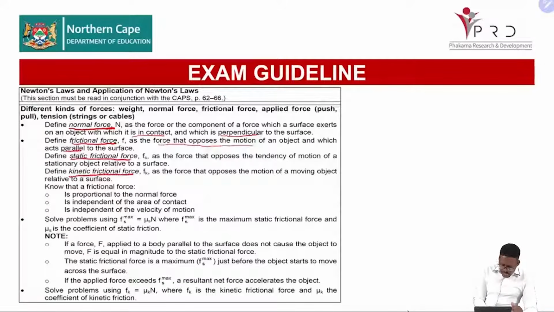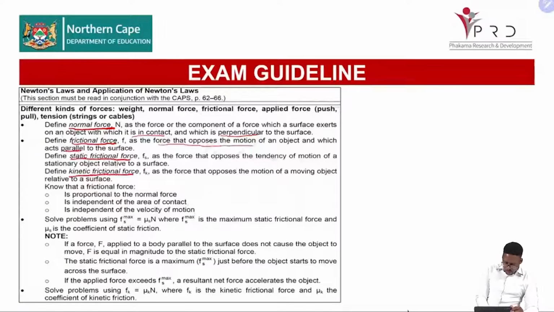It is the force that opposes the tendency of motion of a stationary object relative to the surface. What is kinetic friction? It is the force that opposes the motion of a moving object relative to a surface. So all of these definitions, we get them from the exam guideline.